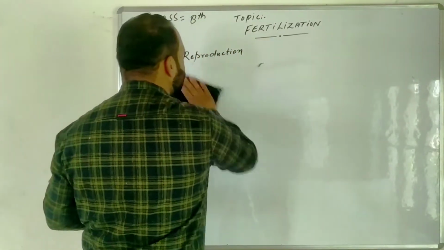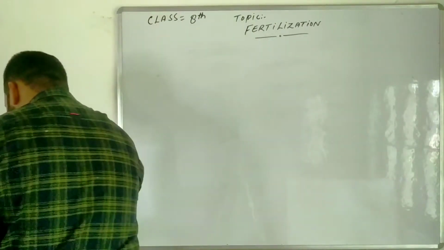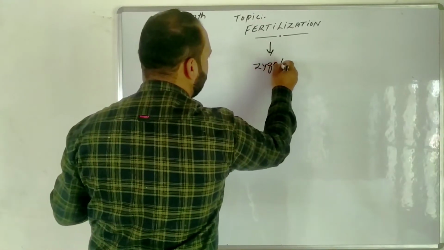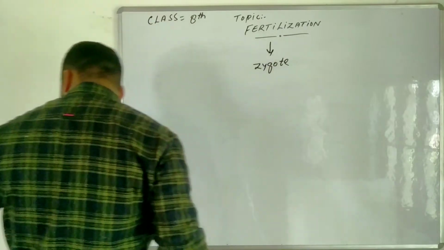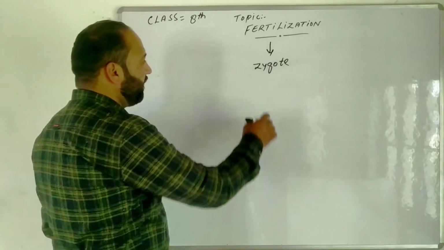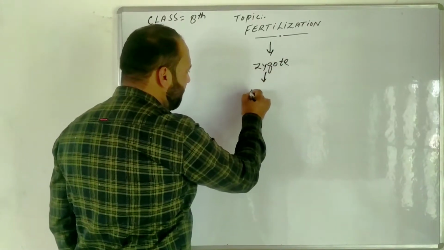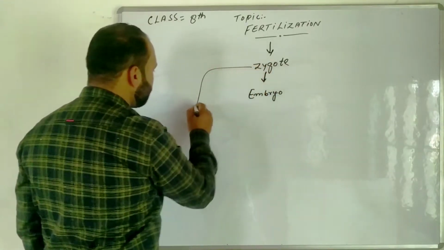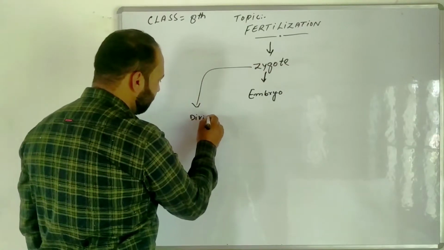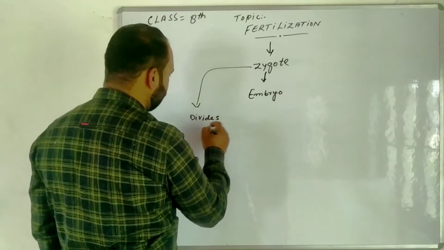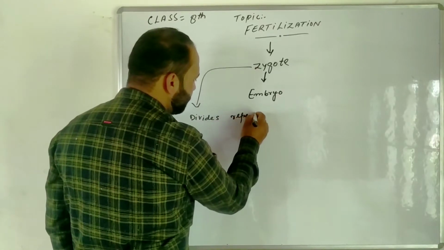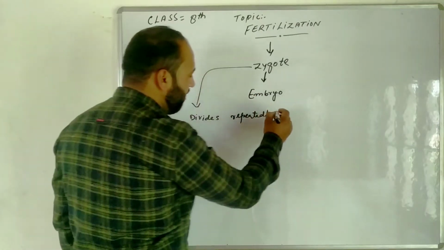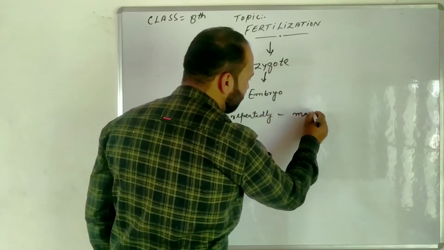The process of fertilization results in the formation of a zygote. Then this zygote develops into an embryo. The zygote undergoes repeated divisions and forms a mass of cells.